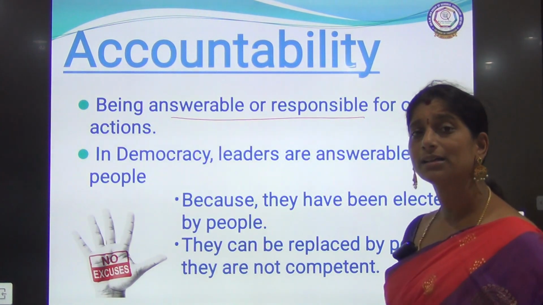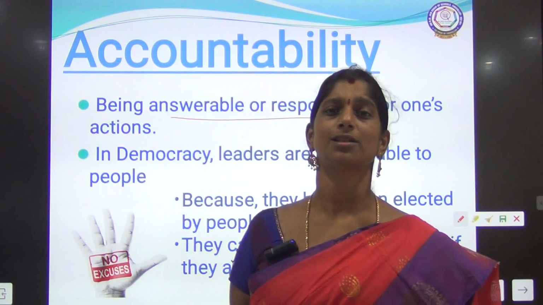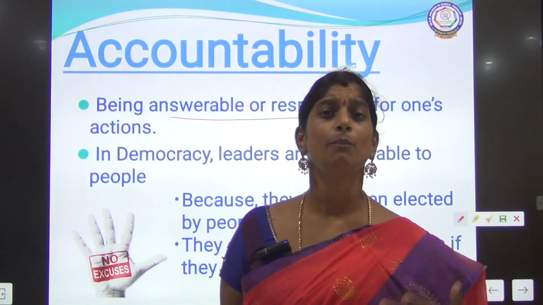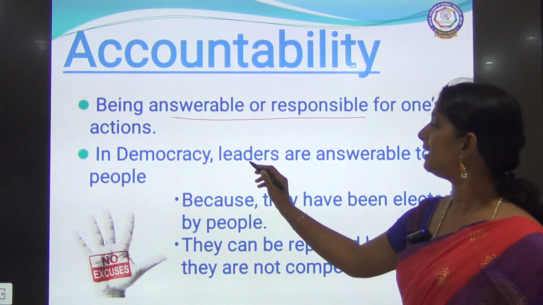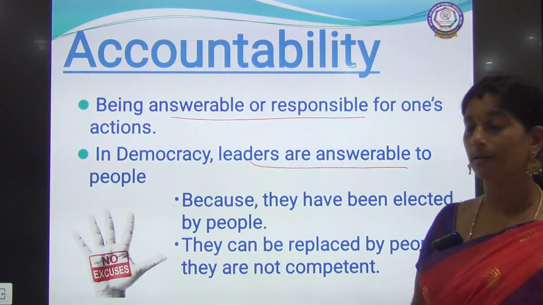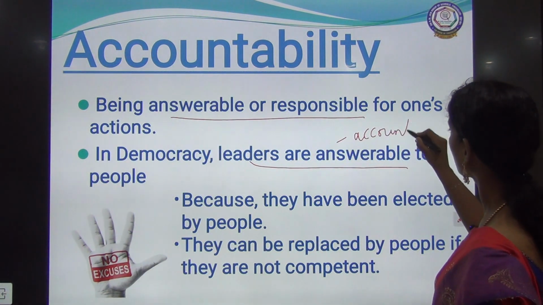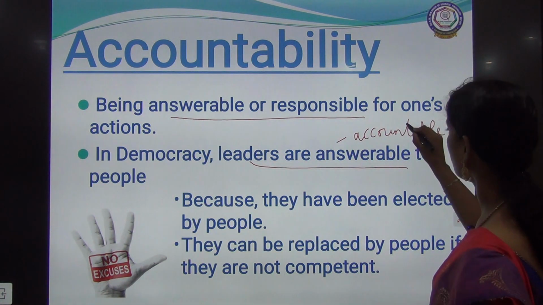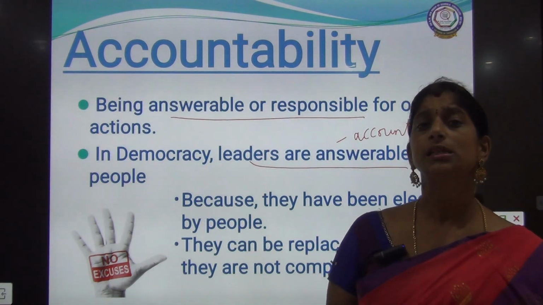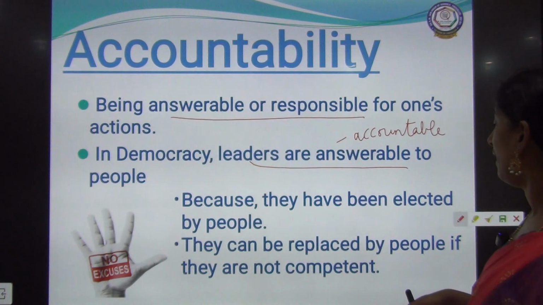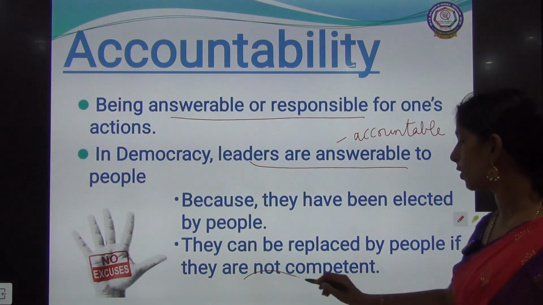So in democracy, who is accountable to people? The government. Why are they accountable to people? Because we have brought them to power. So the leaders are answerable to people. Answerable is accountable. Why are they answerable to us? Because we have elected them, and they can be replaced if they are not competent.